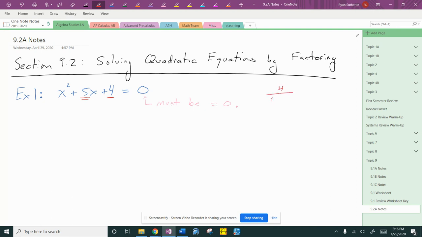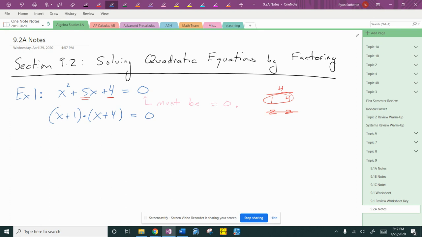If I list my factors of 4, I have 1 and 4, 2 and 2. The only one that adds to be 5 is 1 and 4. 2 and 2 do not. So our factors are x plus 1 times x plus 4 equals 0.